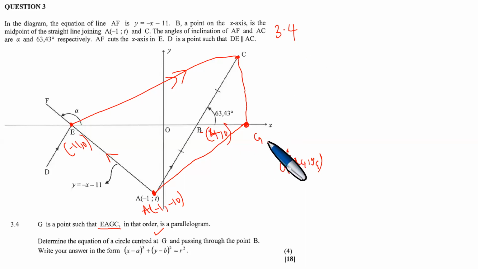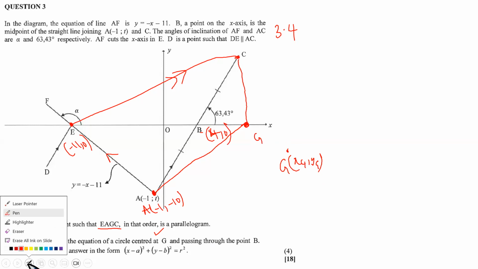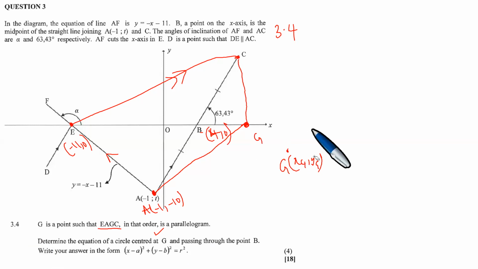Now, if this is true, we have xg, yg. So we have what? Right, so at this point, you realize that y is 0. So the yg is going to be 0. You just need to get x, right?